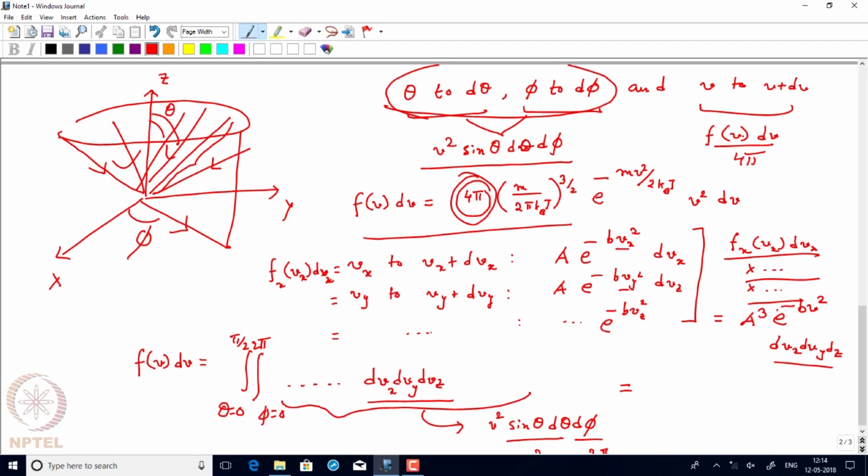If you remember, we get this 4 pi v square term after the integration over theta and phi. So what we have to do is divide by 4 pi v square. So I have to take only this part of the Maxwell-Boltzmann distribution: m by 2 pi kbt whole to the power 3 by 2 e to the power minus mv square, into dv. But I don't need to write it, because we'll see why you don't need to write it.